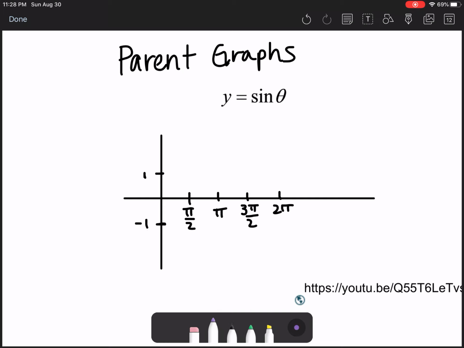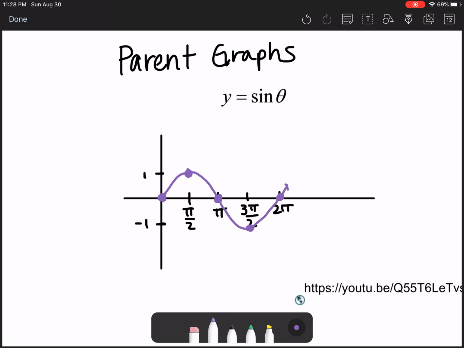Okay, so when we are at the point 0, 0 on our unit circle, that point would be there. At pi over 2, sine is 1. At pi, sine is 0. At 3 pi over 2, sine is -1. And at 2 pi, sine is back to 0. So you see we have our sine wave.